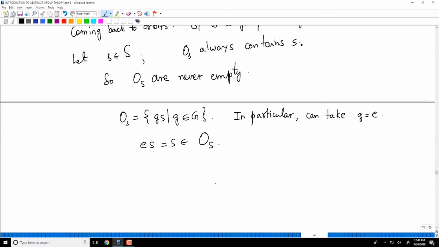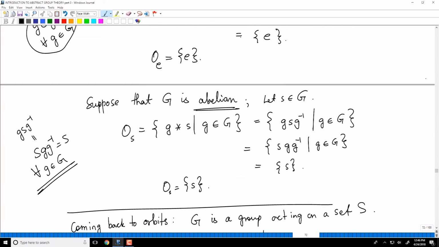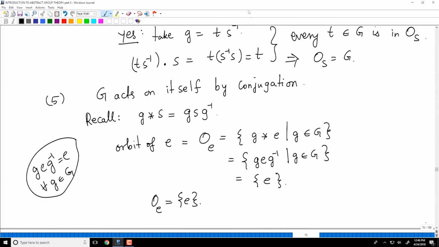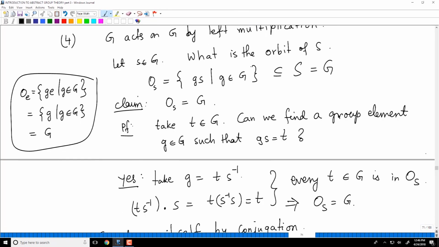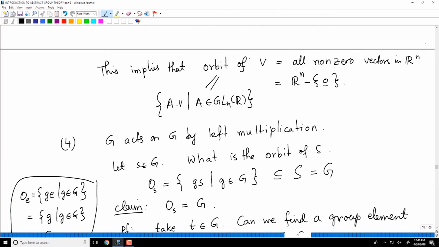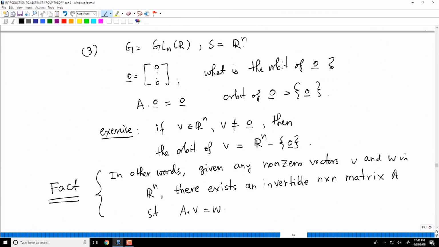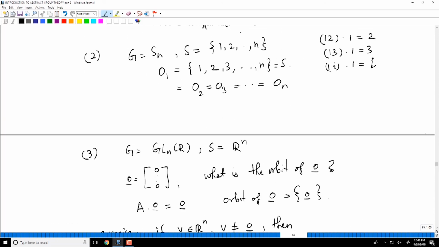So orbits contain small s, but they could be just small s or they could be all of S. In this example of an abelian group and action by conjugation, the orbit of an element is just that element, nothing else. Whereas in the action by left multiplication, the orbit is all of the group, all of the set. In the action of GLn(R) on Rn, the orbit of the zero vector is just the zero vector, but the orbit of any other non-zero vector is the set of all non-zero vectors.